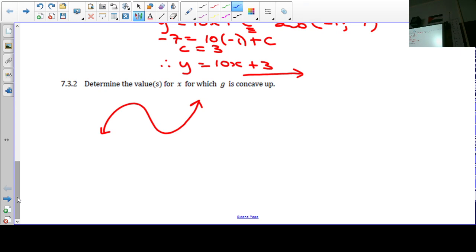Concave up or concave down is dependent on the point of inflection. The point of inflection occurs midway between your two turning points, or it occurs at the point where your second derivative is equal to 0.